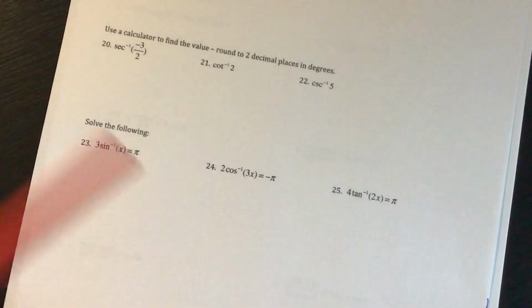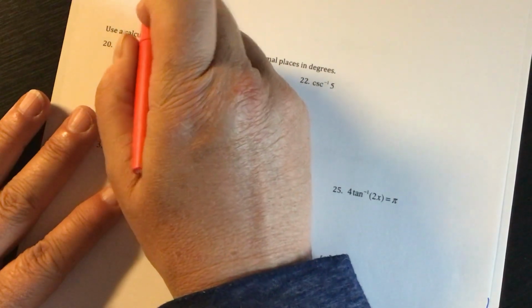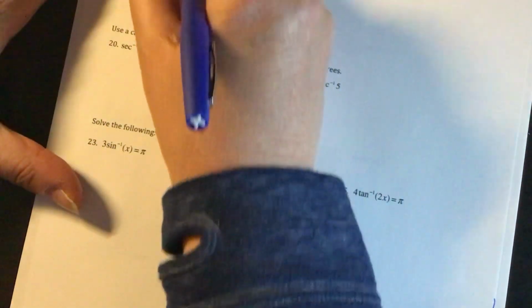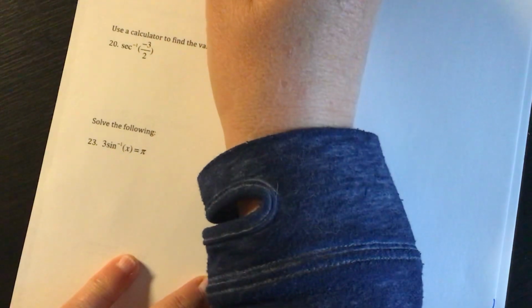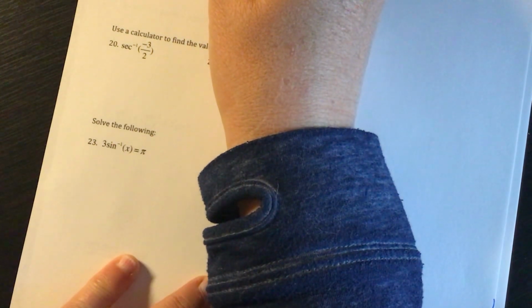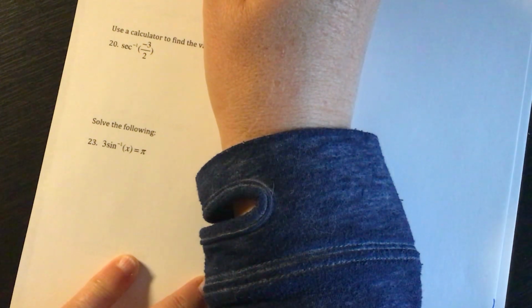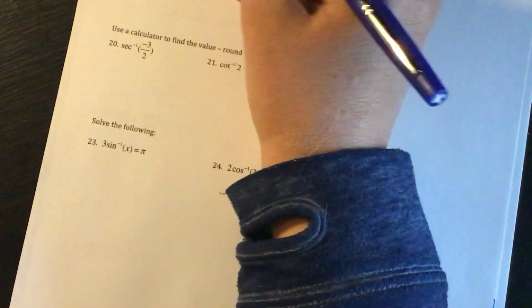All right, now on number 16. Here we have the tangent of an angle is negative square root of 3. Now, I like to sometimes use the unit circle. I know negative square root of 3 is in the, oh, maybe that's not what I'm thinking.